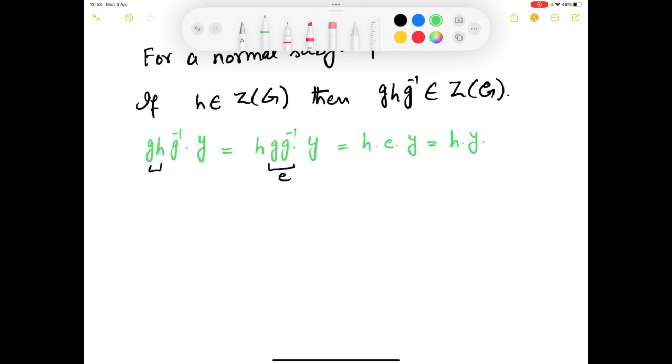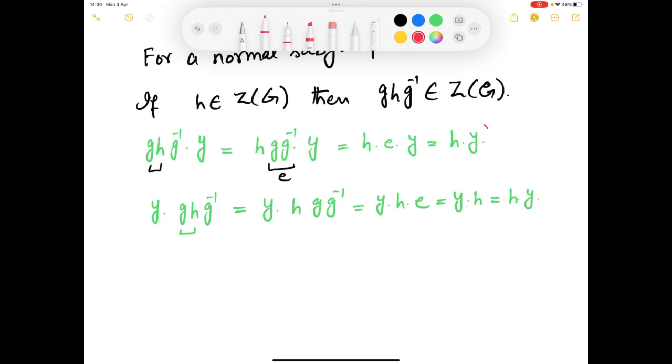Now we will compute y times g h g inverse, which is the same as y times h g g inverse. So we have again applied that h is in the center of the group, and this is the same as y h e, which is y h, and because h is in the center, this is the same as h times y.